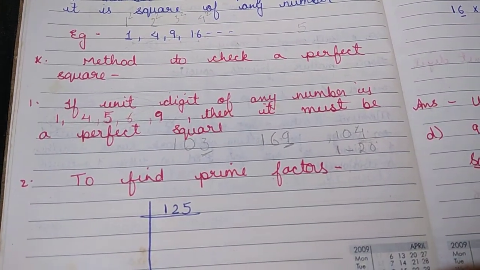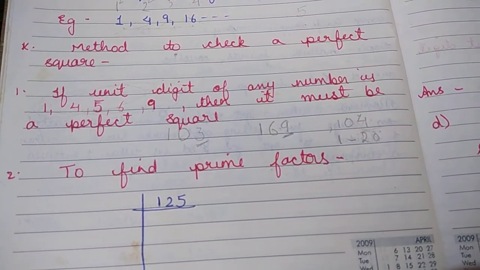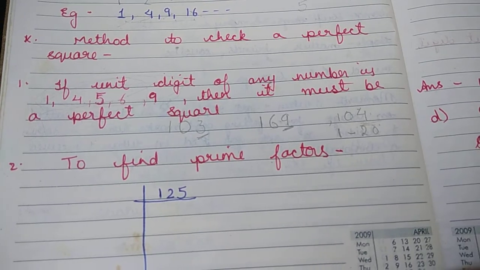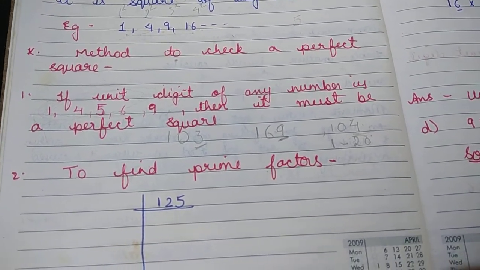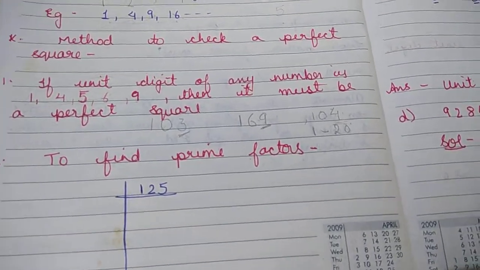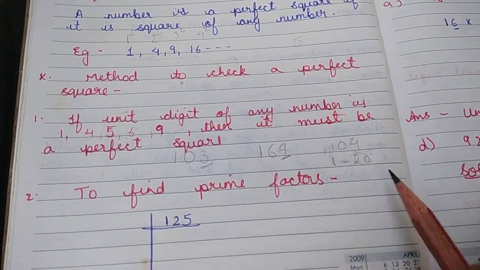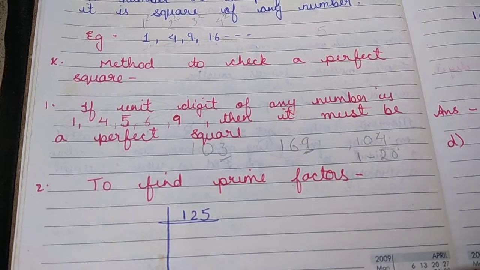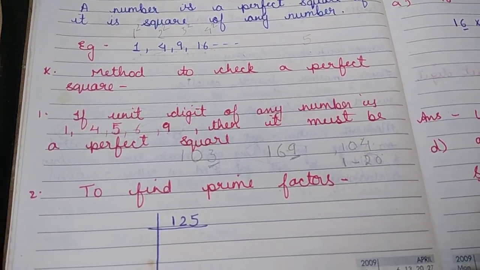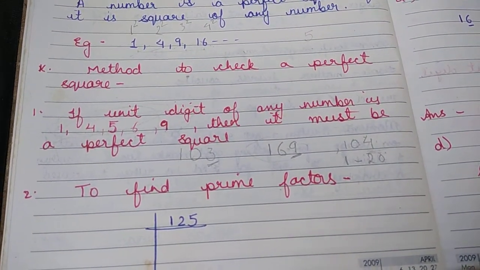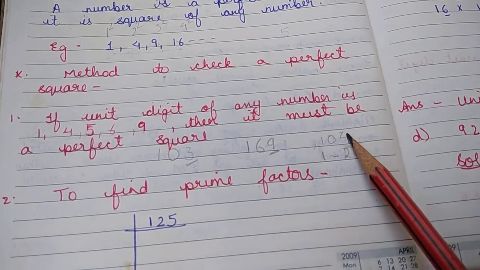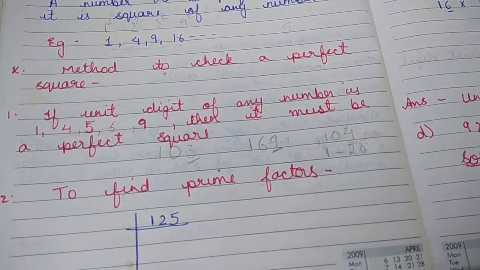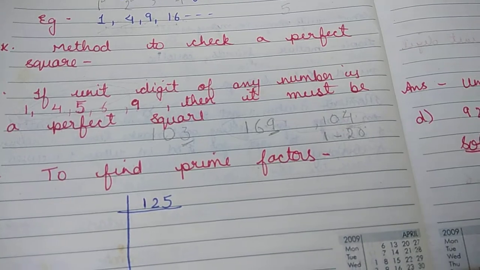That would save you some time. If you know the squares, you can easily tell that 169 is a perfect square of 13. And 104 is not a perfect square because multiplying any number by itself does not give 104.